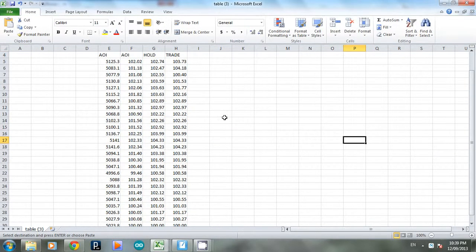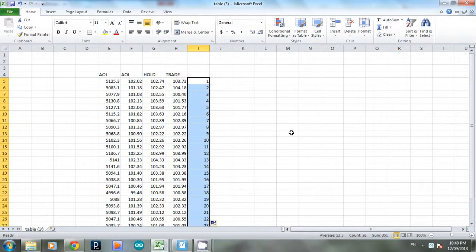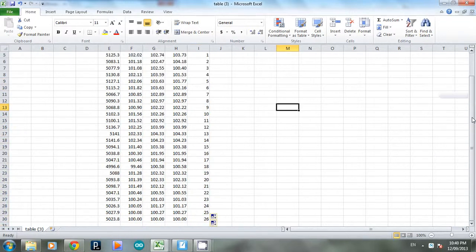Okay, so to actually flip these numbers upside down, to put the 102 down the bottom and the 100 up the top, you have to do a little dummy column next to it. We won't go into the reasons why, just trust me, this trick works. So I'm going to put the numbers 1, 2, 3 like that there, fill it down so it goes 1, 2, 3, 4, and so on.